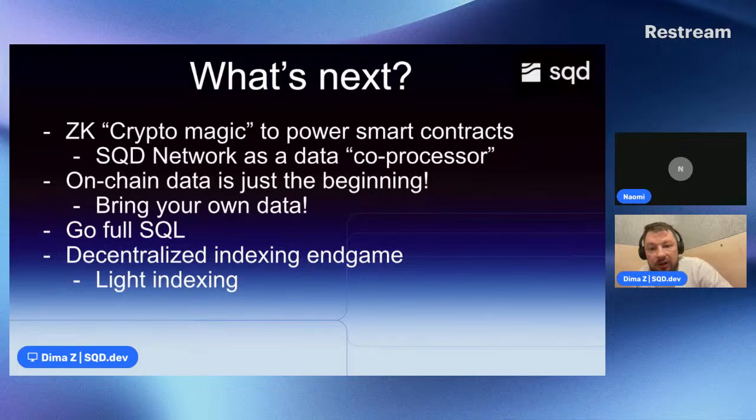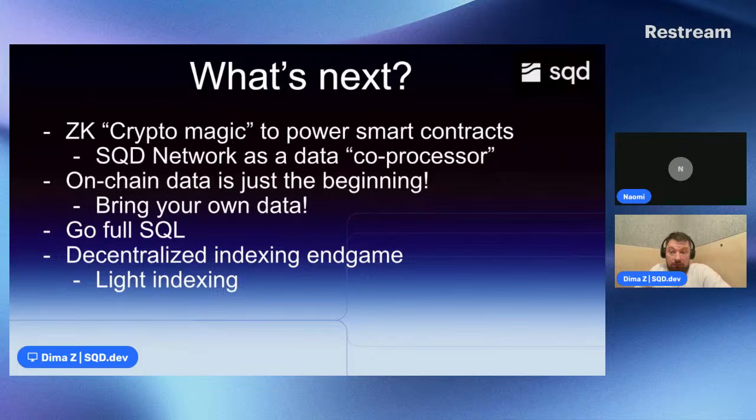That would turn SQD network into what is now called a data co-processor, meaning that it will be possible for a smart contract to query arbitrary data across any chain, no matter how deep into the history. So, for example, you would be able to make an on-chain trading history based on monthly volumes traded on Uniswap or some specific event in the past. So the opportunities are really endless here.